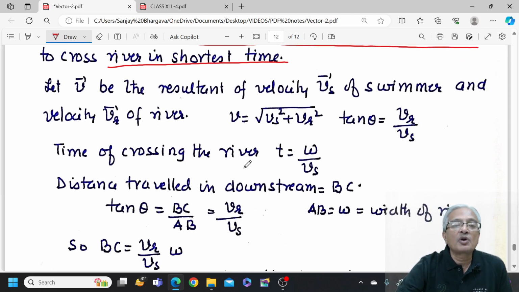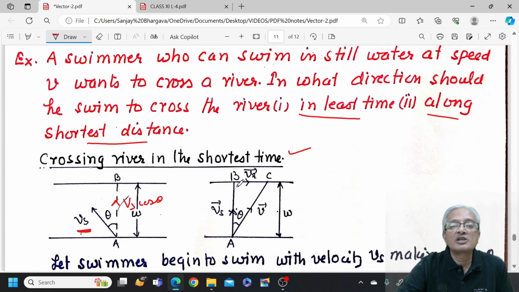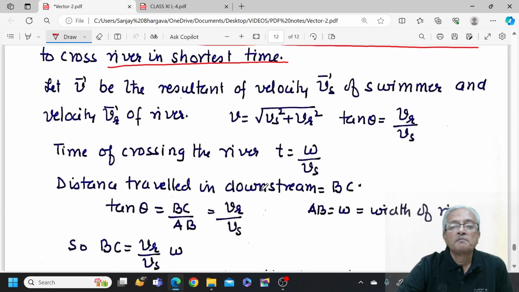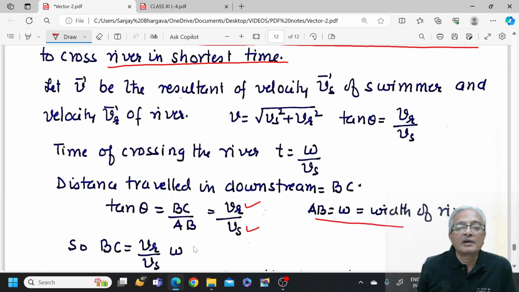What would be the time to cross the river? It would be distance upon speed. The distance travelled in the downstream, let us see. The distance travelled in the downstream, BC. So let us pick up here, BC. So tangent theta would be BC upon AB. And BC is Vr and AB is Vs. AB is the width of the river.